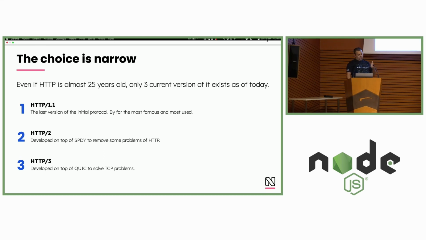We get 1.1, which is the last version of the initial protocol, and by far the most used. We also have HTTP 2, which was an improvement to bring SPDY to improve the network usage. And then we have 3, which is the new one, developed on top of QUIC to solve all the TCP problems by switching to UDP, which opened the room to other problems, but that's another topic.